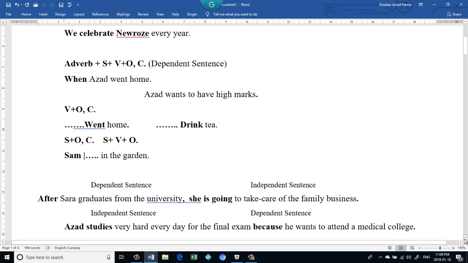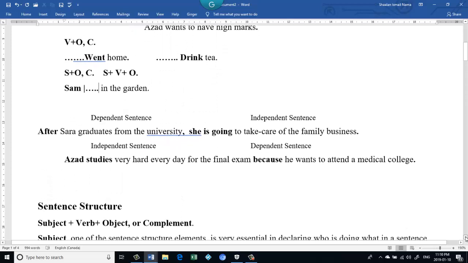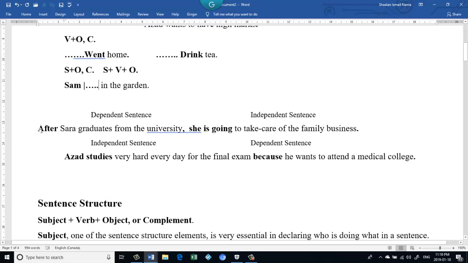Same thing if we look at the other sentences. We have here, after Sarah graduates from the university. We call this a dependent sentence. But here we call it independent: she is going to take care of the family business.